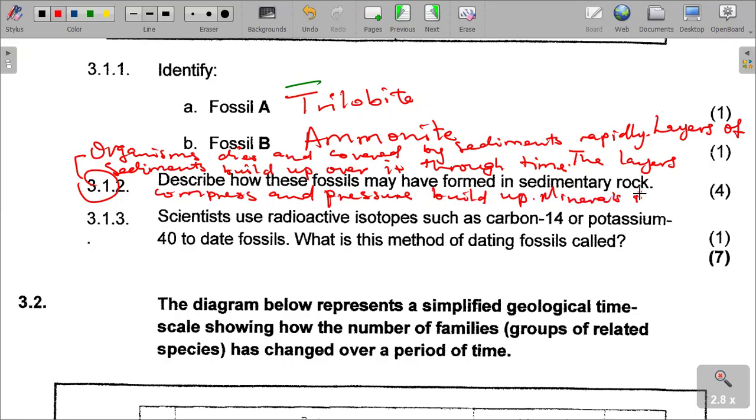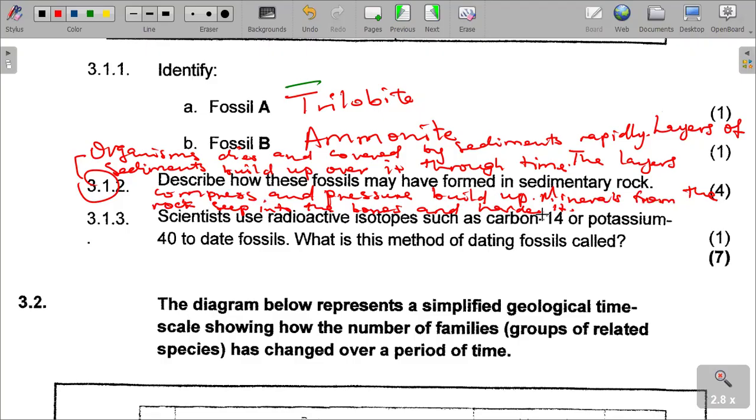Minerals from the rock, they seep or they enter, they seep into the bones and harden it.